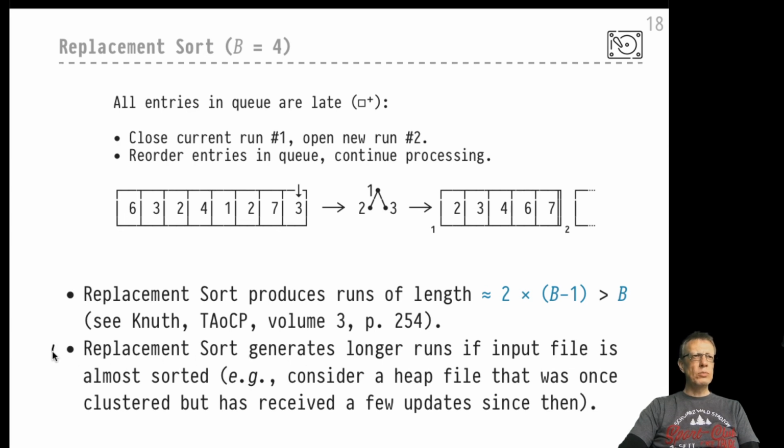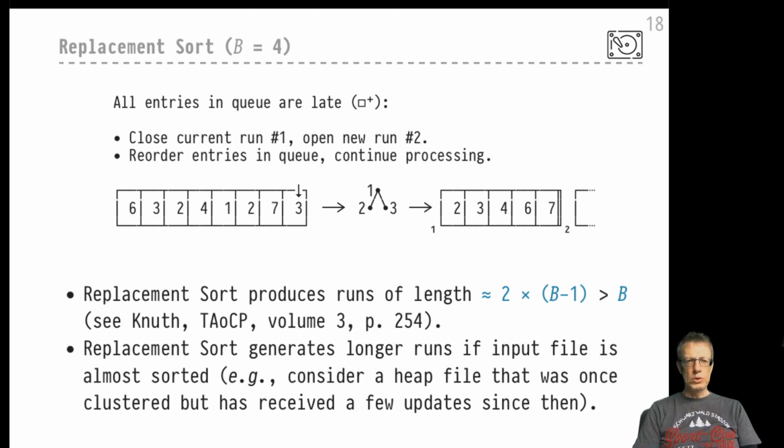Okay, there are some considerations here regarding replacement sort. Replacement sort behaves particularly well, as you can imagine, if the input that flows into our priority queue is already partially sorted. Then the sorted output runs can be considerably longer. Well, such situations are not too uncommon. So maybe we are about to recluster a particular file that once has been organized and sorted according to a given sorting criterion.